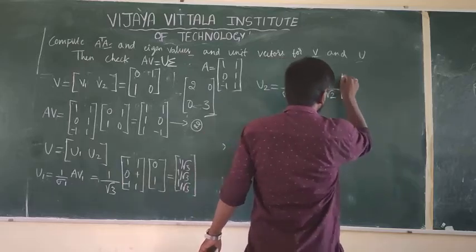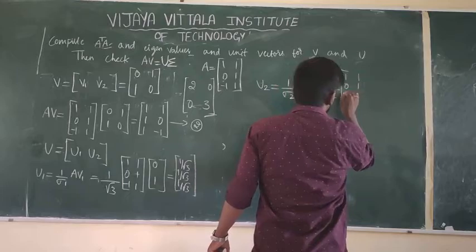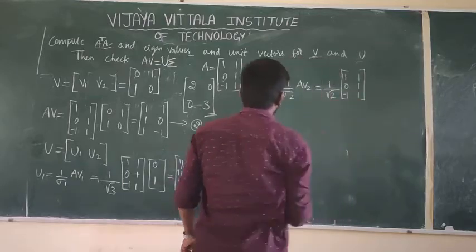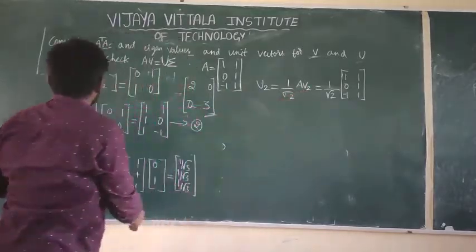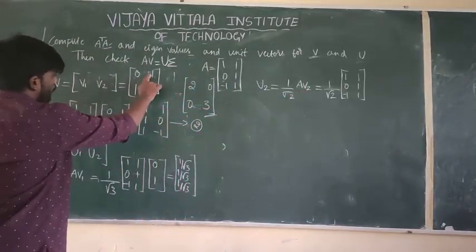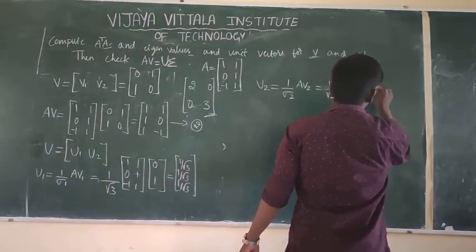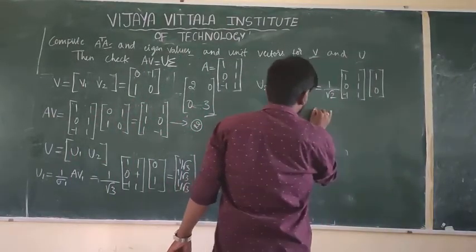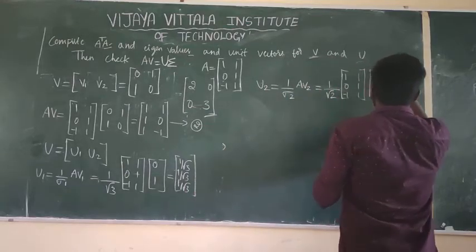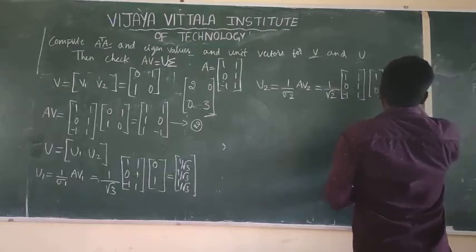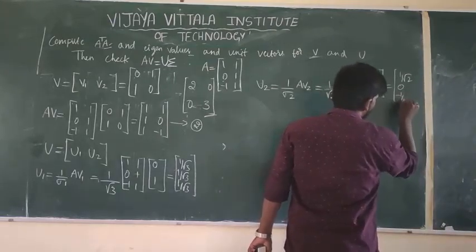A is the given matrix 1, 1, 0, 1, minus 1, 1, and V2 is the unit vector 1, 0. Therefore, after multiplying these two matrices, we get 1 by root 2, 0, minus 1 by root 2.